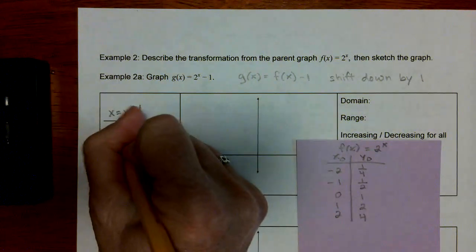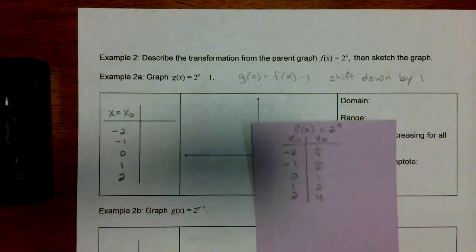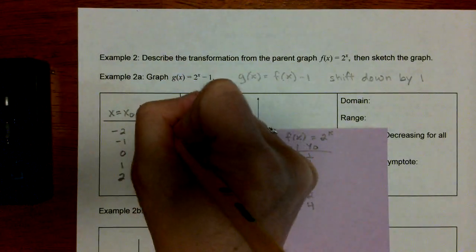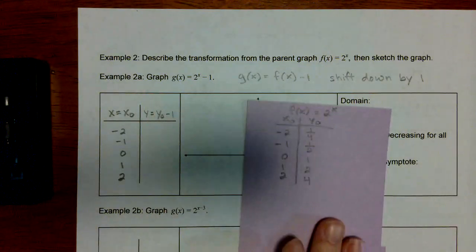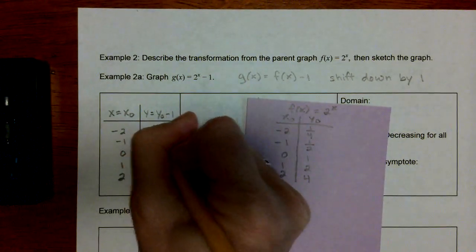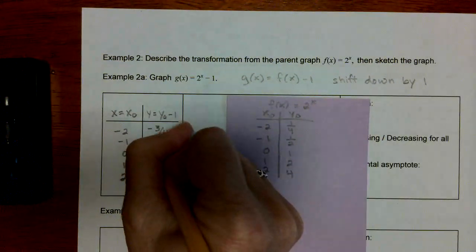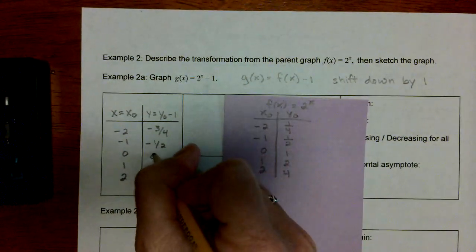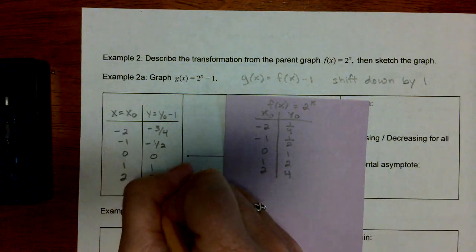So this just stays as -2, -1, 0, 1, and 2. Now my y is going to be equal to y sub 0 minus 1. So 1/4 minus 1 is -3/4. 1/2 minus 1 is -1/2. 1 minus 1 is 0. 2 minus 1 is 1. 4 minus 1 is 3.